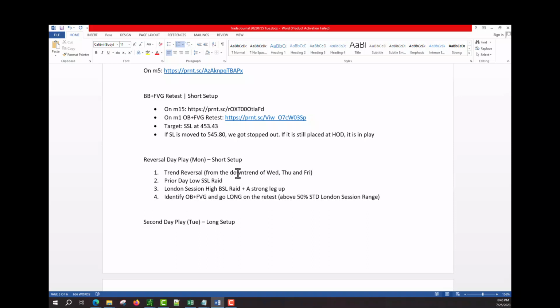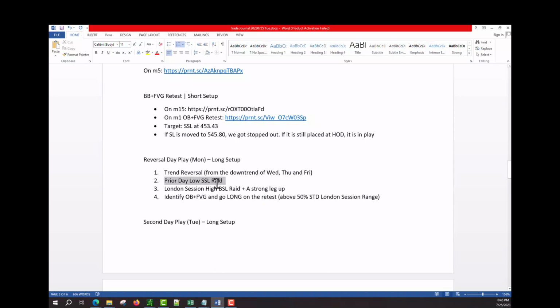So that's an idea, right? So reversal. Okay, hold on, I think it is a long setup. I think I typed it wrong. So downtrend, right?